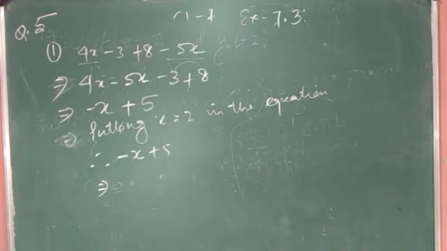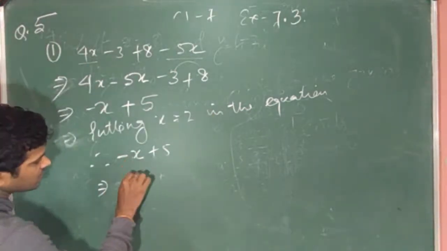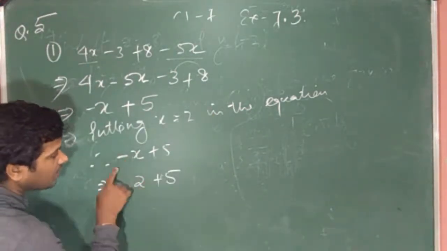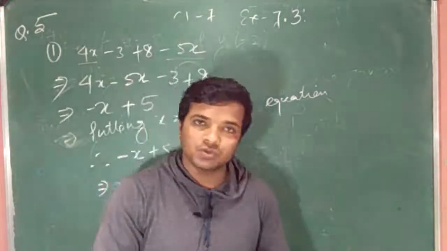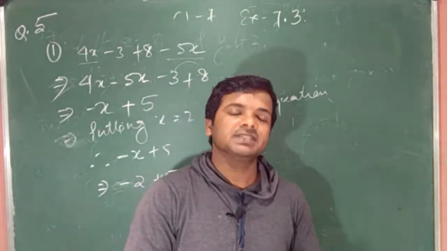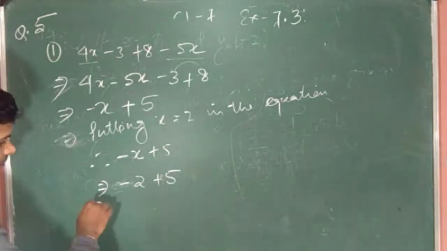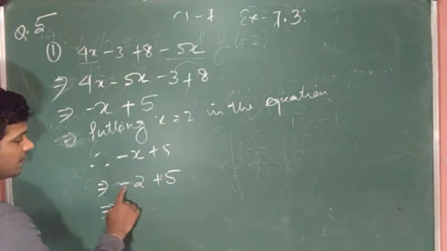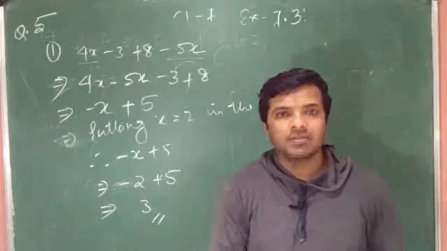In place of x we write 2, so minus 2 plus 5. Okay, your x is 2, but in the equation it is minus x, so the minus will be repeated there. Now here minus, here plus. Minus into plus.